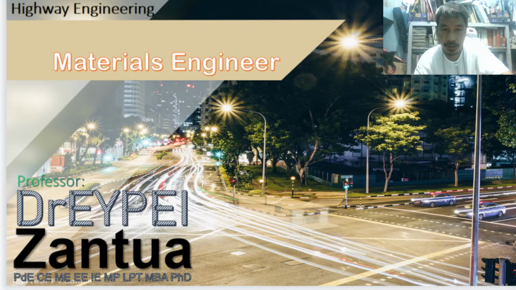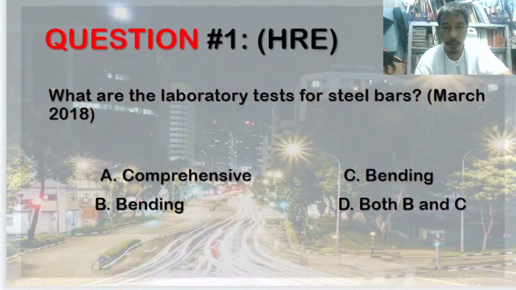So materials engineer exam, your professor, Dr. AP Zantua. Let's start with question number 1. What are the laboratory tests for steel bars? Letter A, compressive. Letter B, bending.